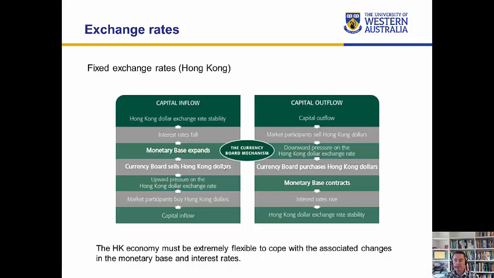With more money in the system, it puts downward pressure on interest rates because there is just more money available, so interest rates fall, but through this process Hong Kong does achieve exchange rate stability. So there is quite a significant cost of actually operating this fixed exchange rate system, and that is loss of monetary policy autonomy.